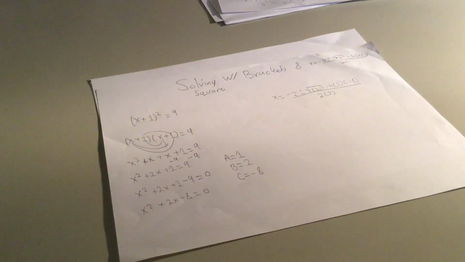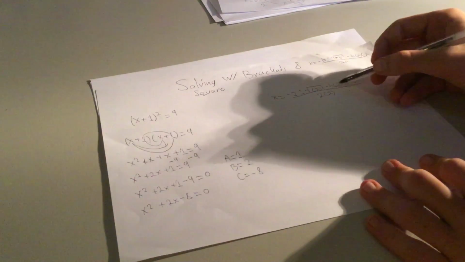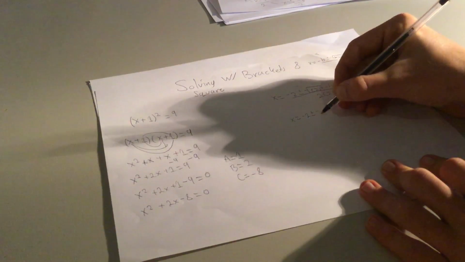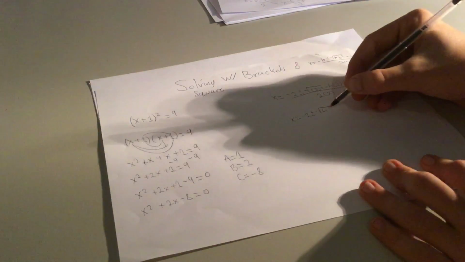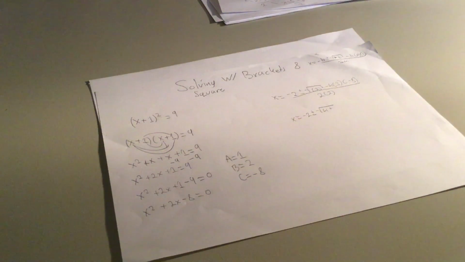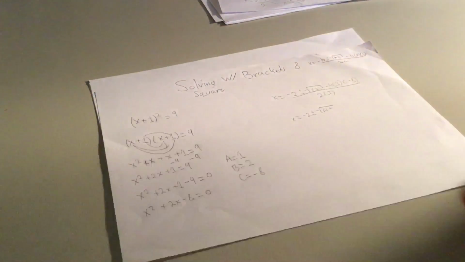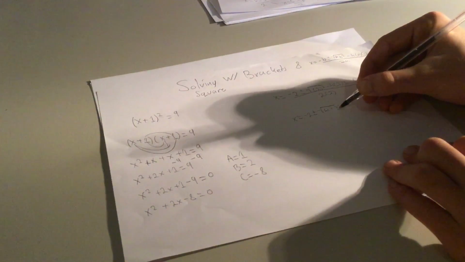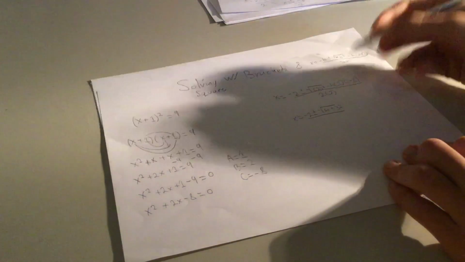So we have it nicely written out there, and we can just start to solve. First, 2 squared is 4, so x equals -2 plus or minus the square root of 4, then minus 4 times 1 is -4, and -4 times -8 is positive 32, over 2 times 2, which is 4.